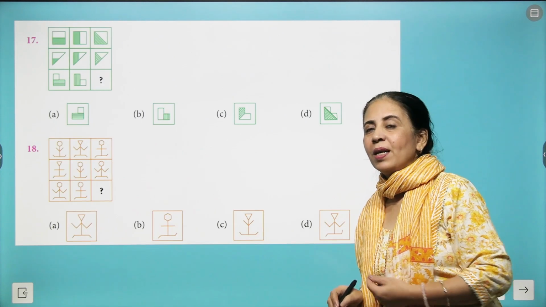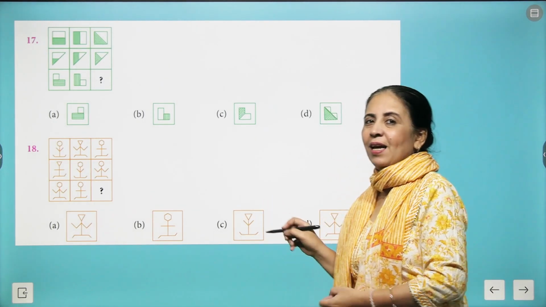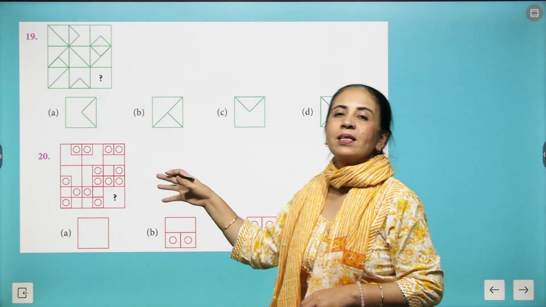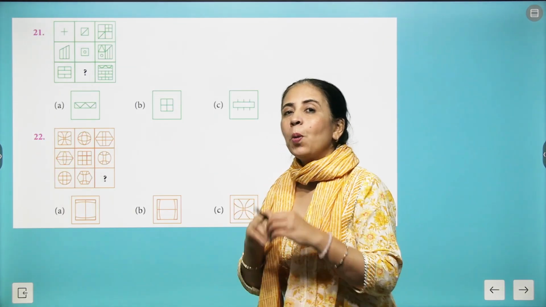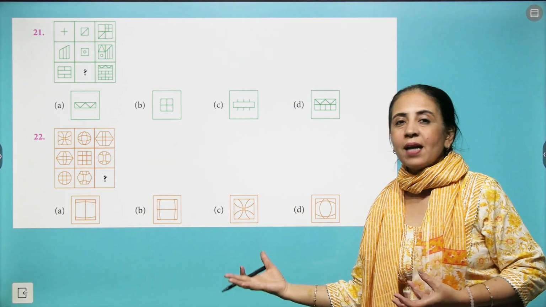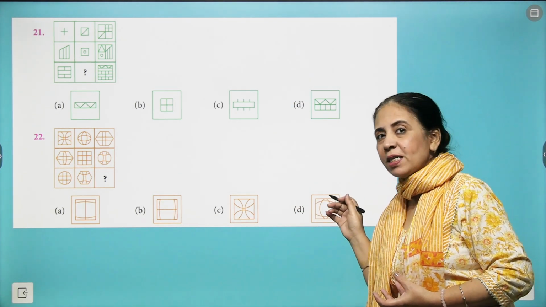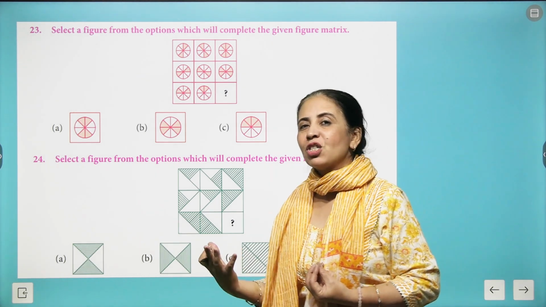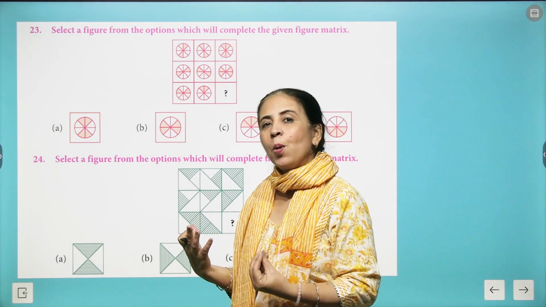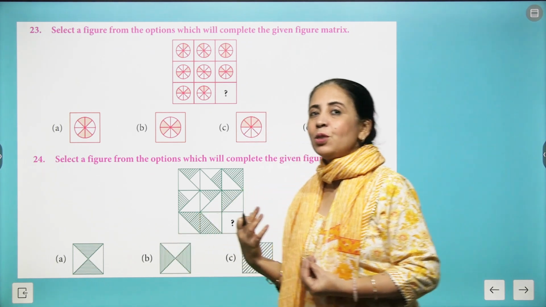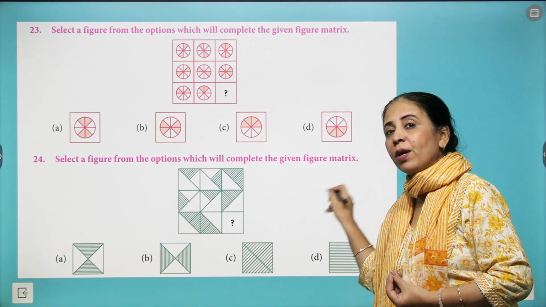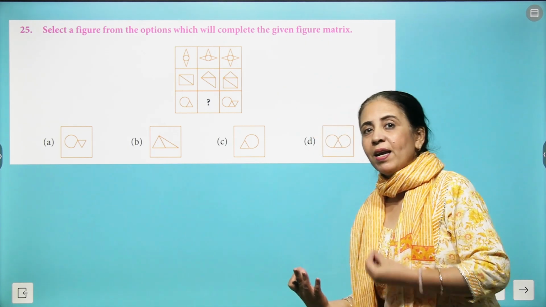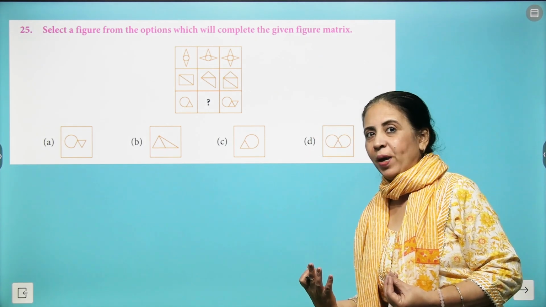And gradually, you will master the skill to complete the matrix which is given to you, and it's real fun. It will open your brain, and at times you will implement it in your real life and observe how smart a child you have become and how quickly you are able to come out with different conclusions and different reasons for different real life problems that come on your way.